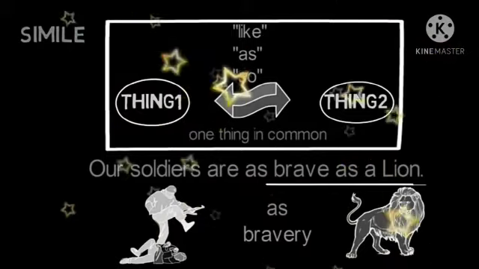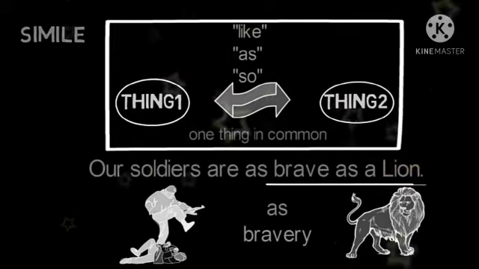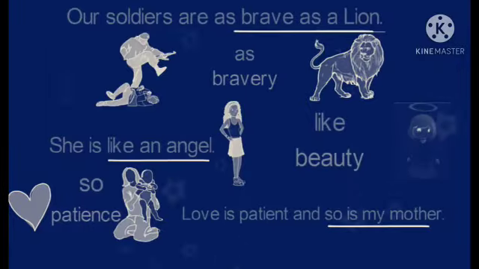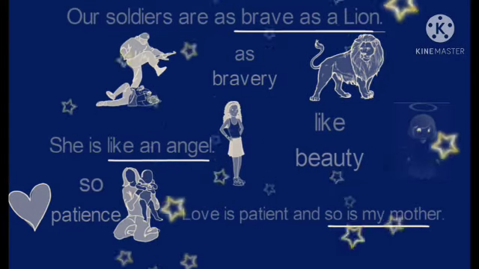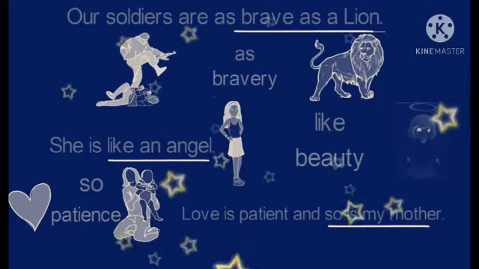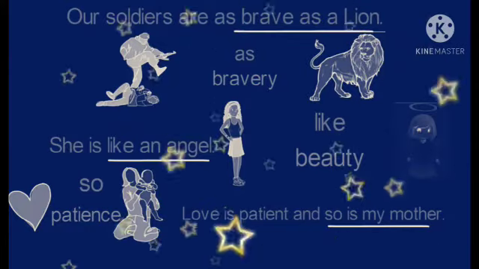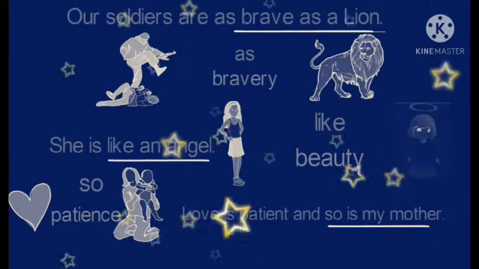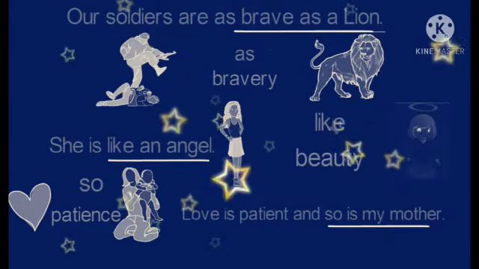So when there is one common thing between two different things, it is known as simile. Next example is she is like an angel. So here a girl is compared to an angel. Because of what? Because of her beauty. Angels are very beautiful. That's why this girl is compared to an angel.